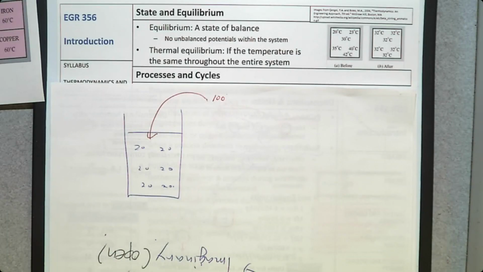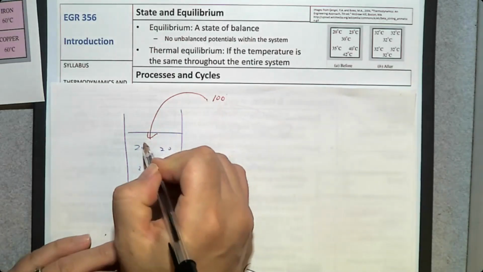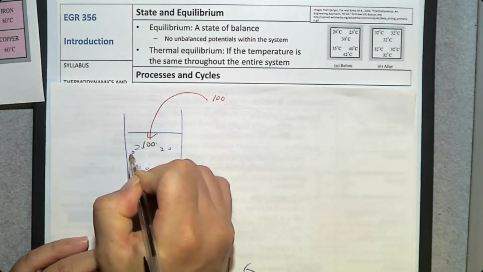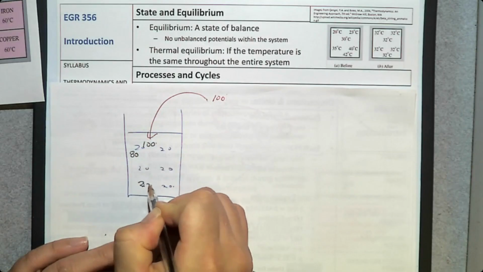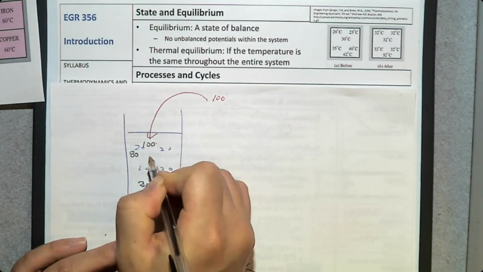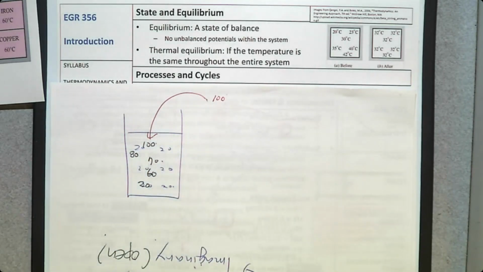Now, initially you are going to see somewhere here is 100, maybe here is 80, down here is 20, here is 60 or 70, etc., right? We don't do any thermodynamic analysis in this condition.